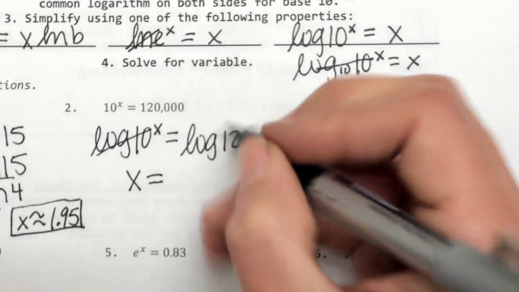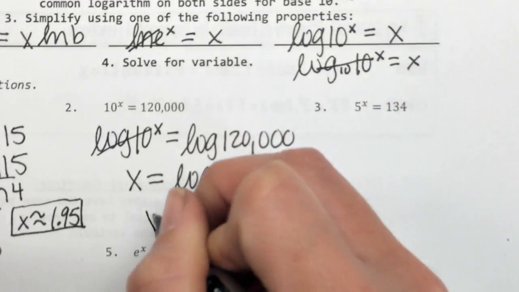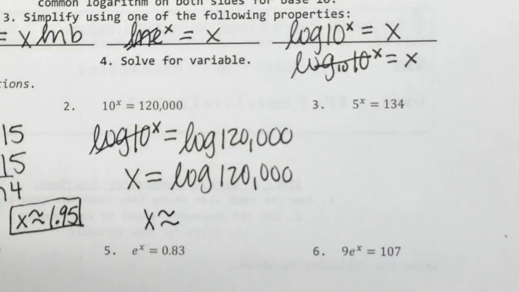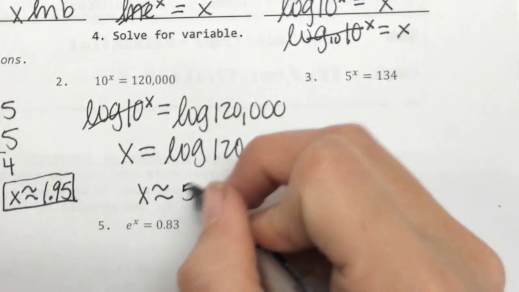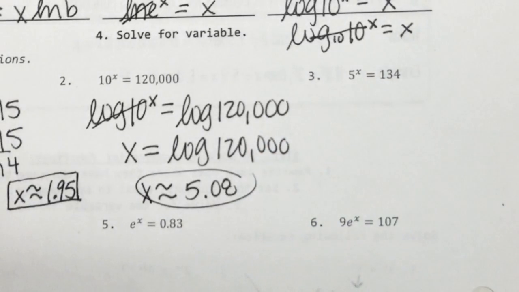So now all you have to find is log of 120,000. And whenever you get it, you can say it out loud. Good. Make sure your calculator tells you this. If not, I'll come help you. Everybody's calculator good? Okay.